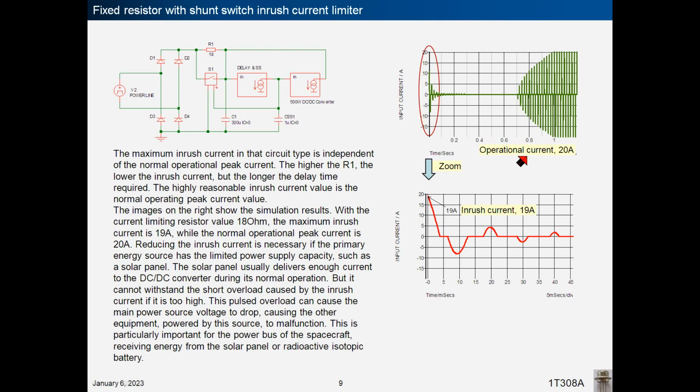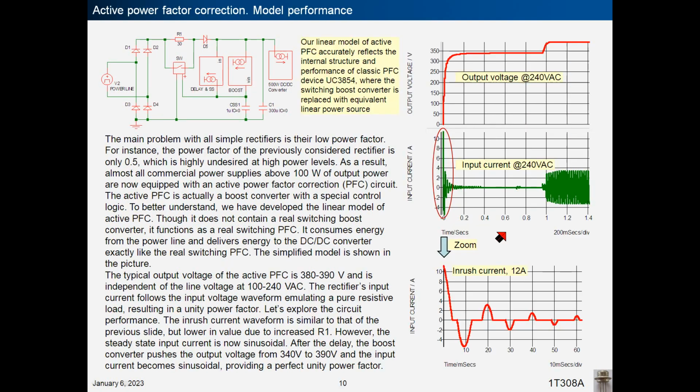This pulsed overload can cause the main power source voltage to drop, causing the other equipment powered by this source to malfunction. This is particularly important for the power bus of the spacecraft receiving energy from the solar panel or radioactive isotopic battery.